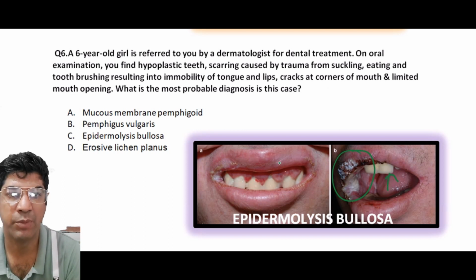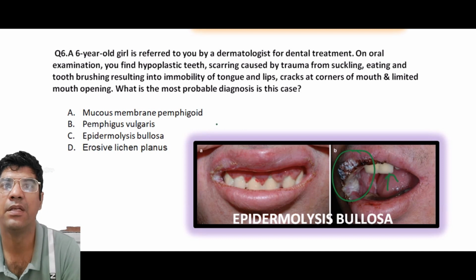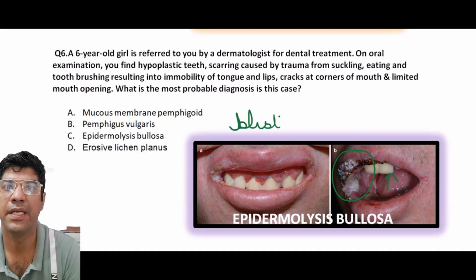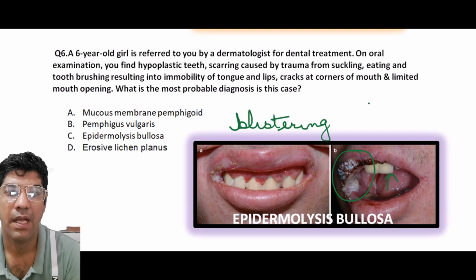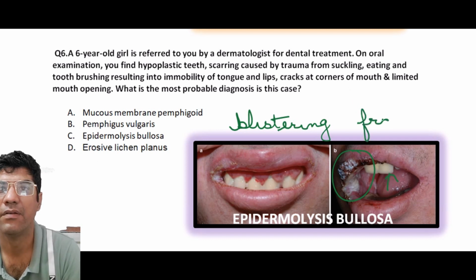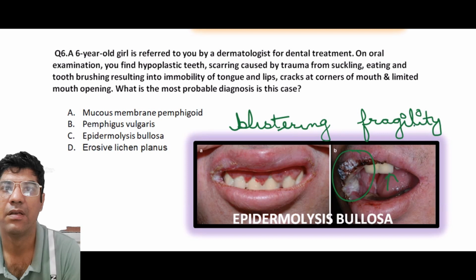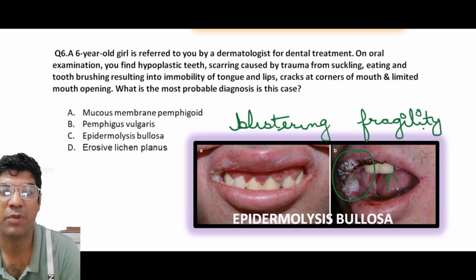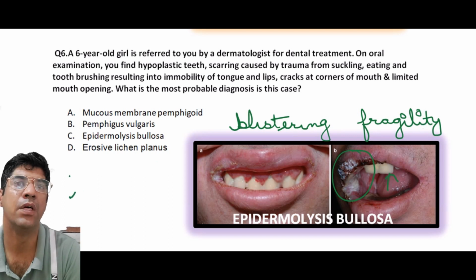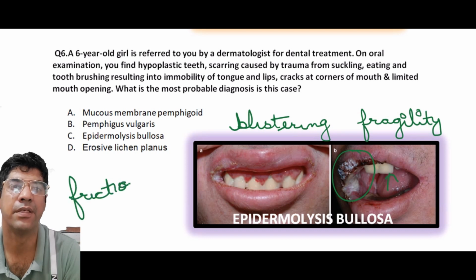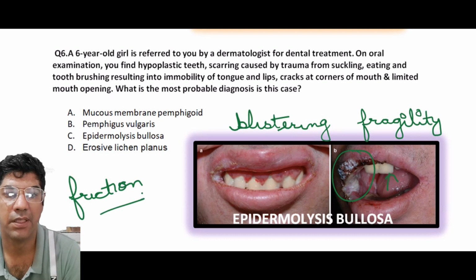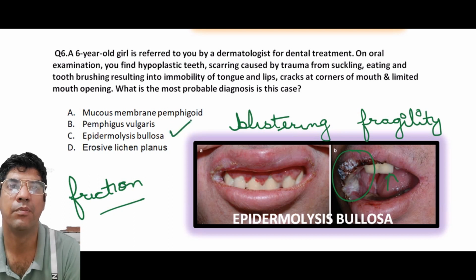Epidermolysis bullosa is characterized by blistering and fragility of the skin and mucous membrane in response to minor trauma due to friction. All these are features of epidermolysis bullosa.